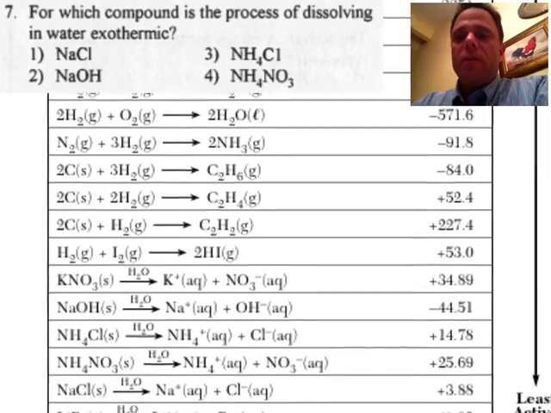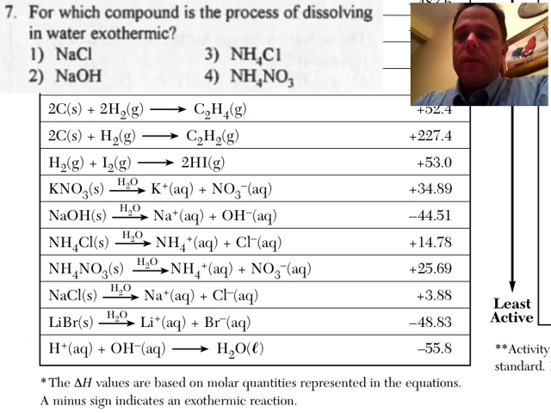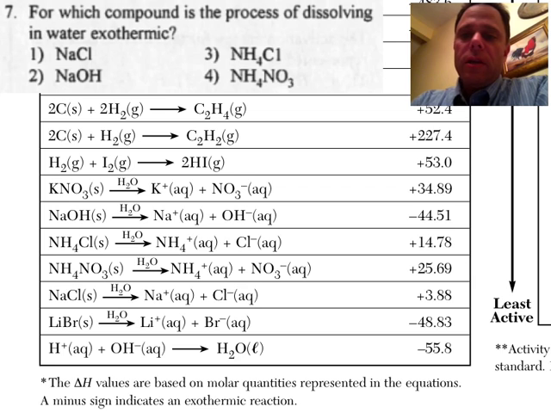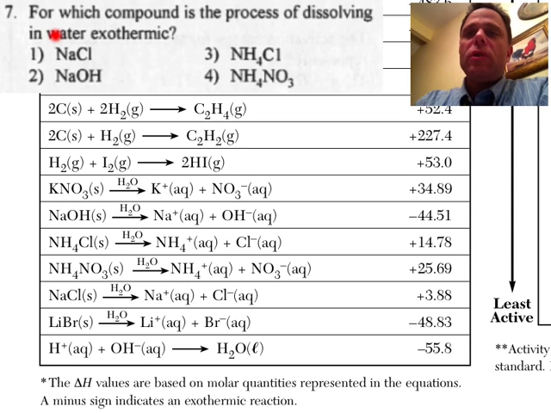If you inspect closely near the bottom of that table, it tells you that the delta H values are based on molar quantities represented in the equation, and a minus sign indicates an exothermic reaction. Additional inspection shows you that here are some reactions where water was added, all of these. So we are looking for one with a minus sign to be exothermic, and it has to be one of these choices. So sodium chloride right here.